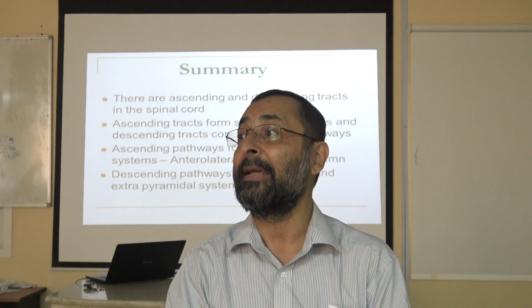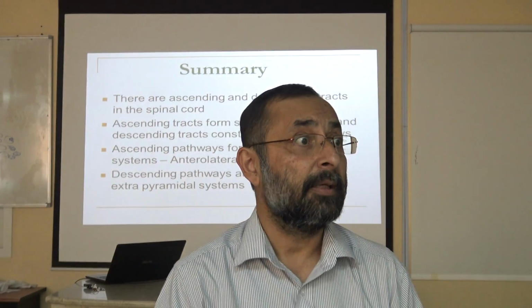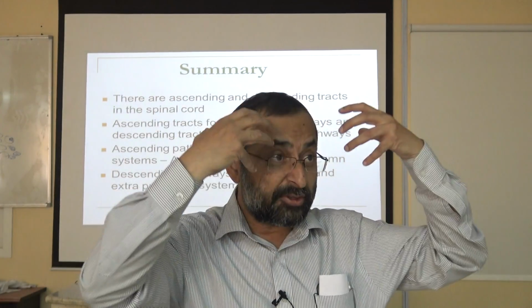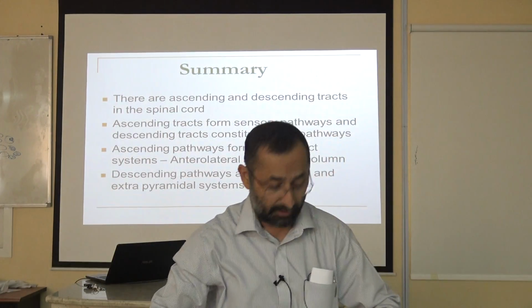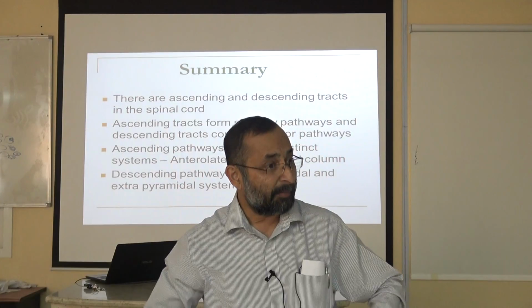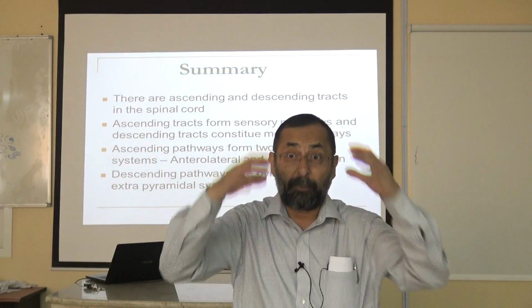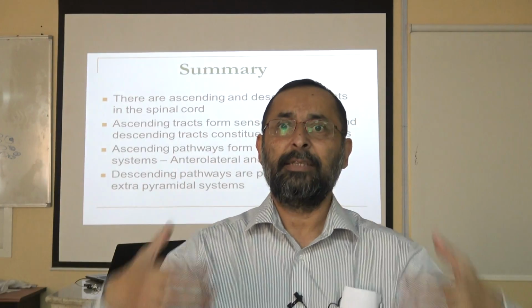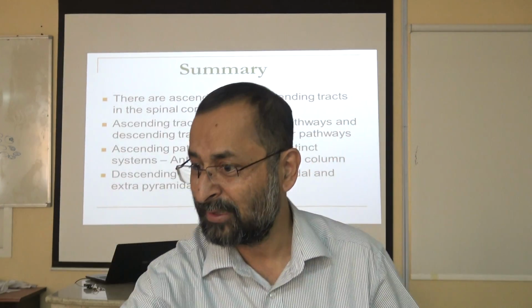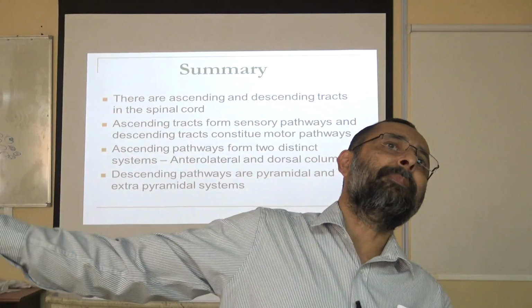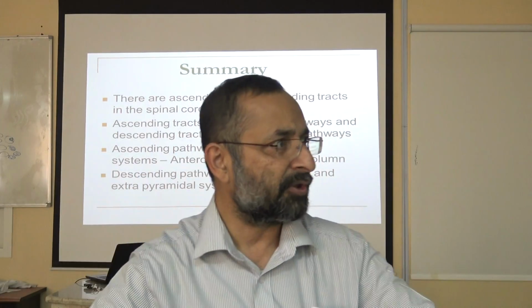Second thing, they are required for the control of posture. By changing the tone and by controlling the contractions of the muscles, they are concerned with posture. This is my standing posture, this is your sitting posture, it is the lying posture. If I lie down, I change postures.